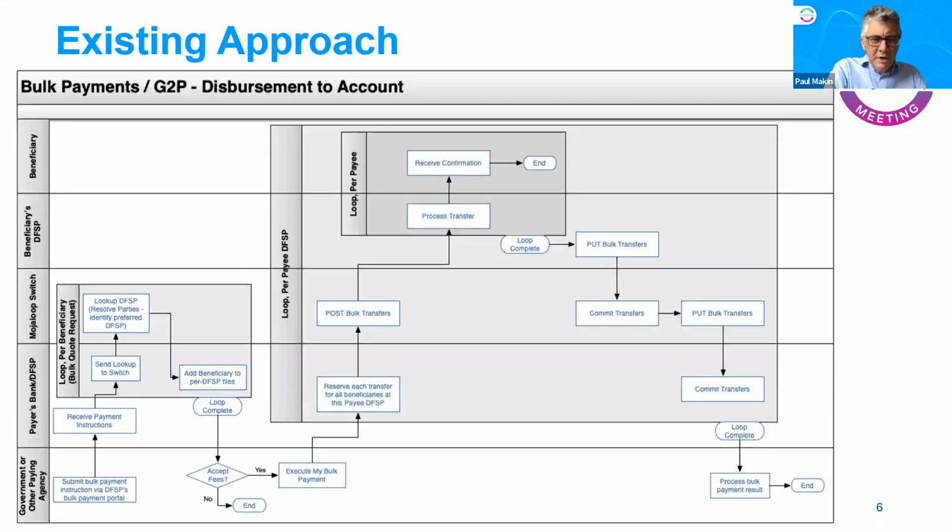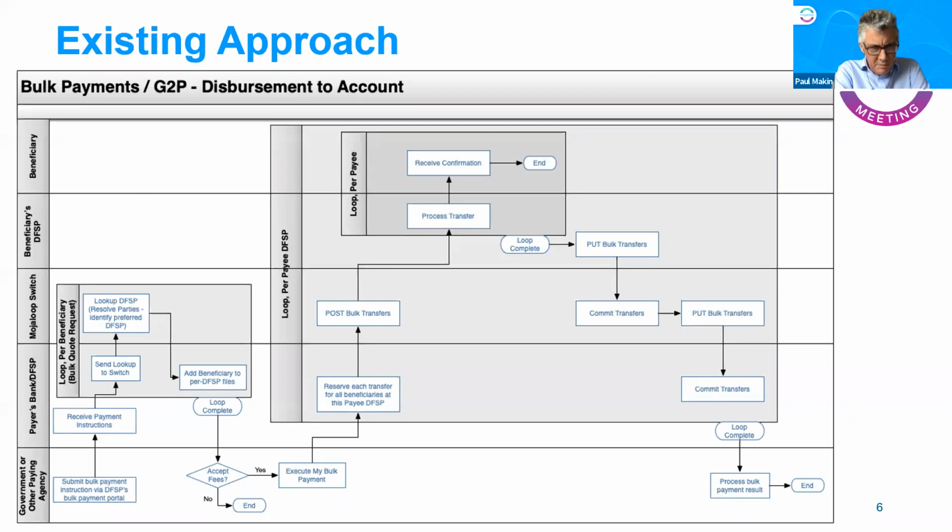This is a simplified version of how bulk payments work currently in the Mojaloop world. If you look down the left-hand side, there are 5 participants here. There's the government or any other payment agency. There's the bank. There's the Mojaloop switch itself, the beneficiary's DFSP, and the beneficiary themselves. And they all take part in this transaction.